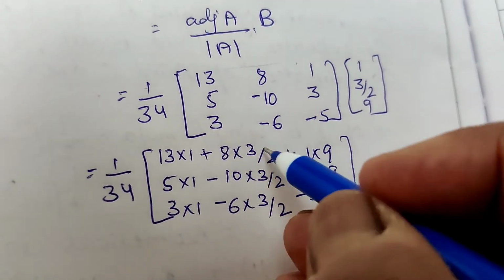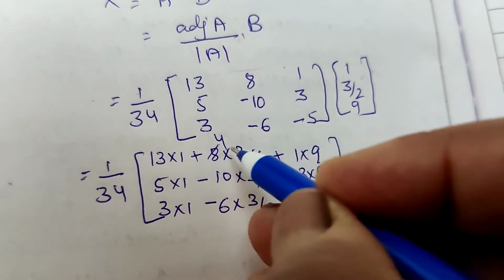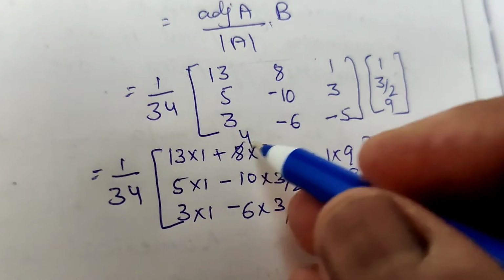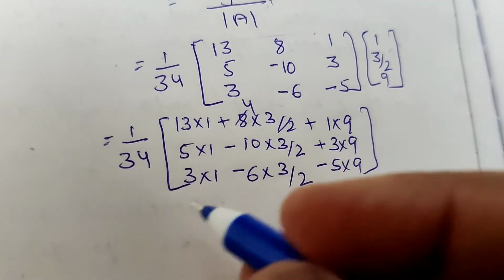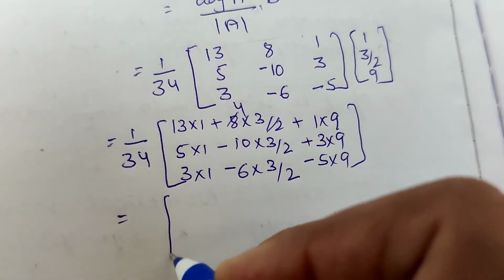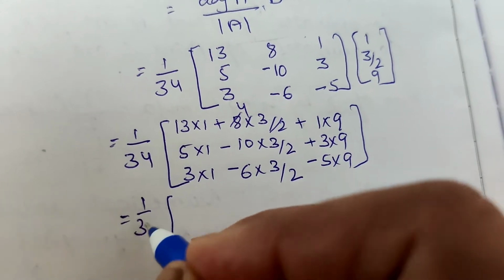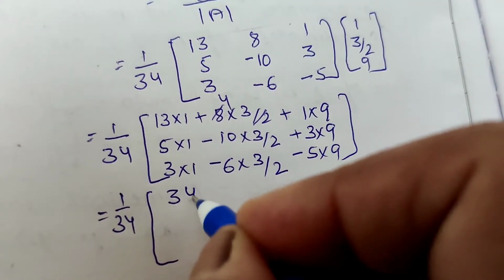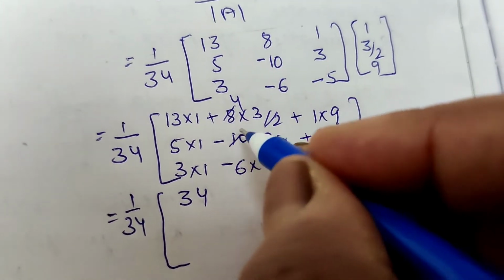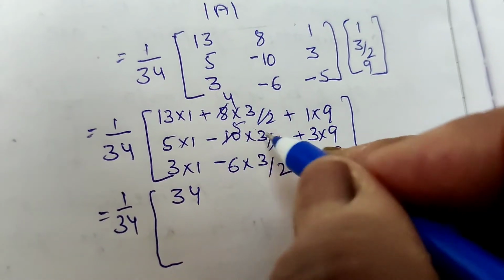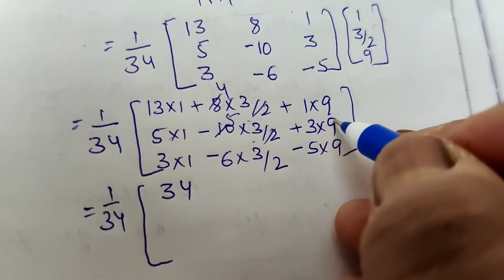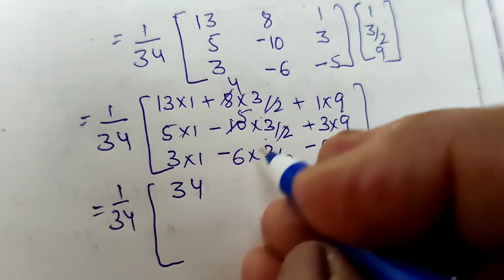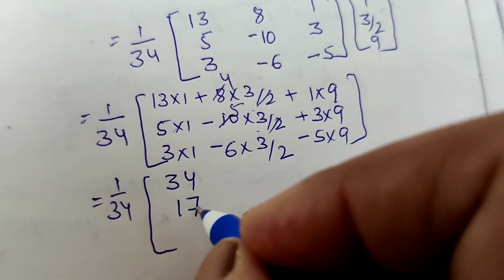Now solve. 4 into 3 is 12, plus 13 is 25, plus 9, 34. So 1 by 34 into 34. Now 5 minus 15 plus 27, minus 10, it means 17.